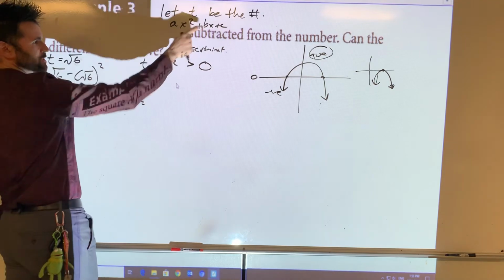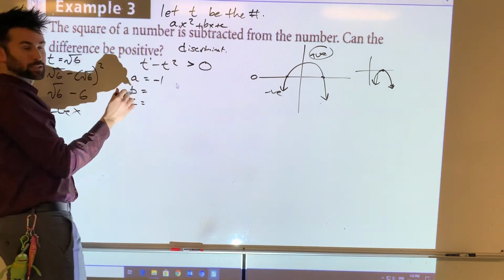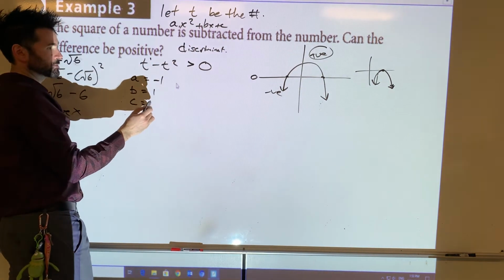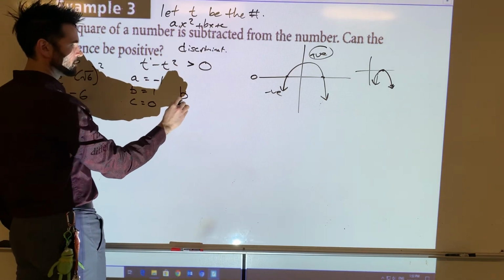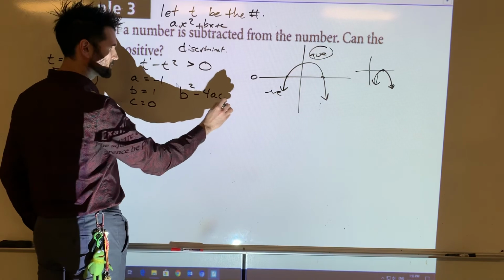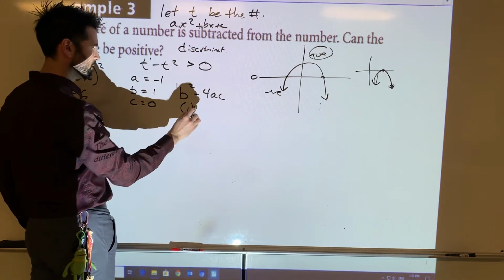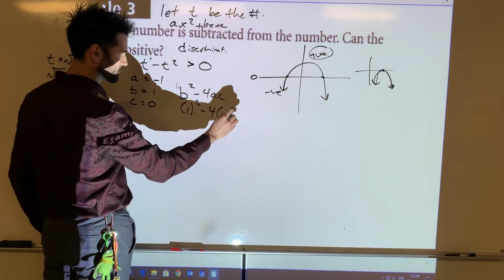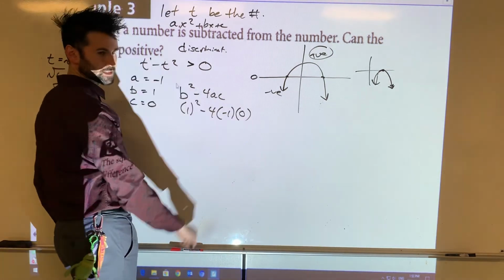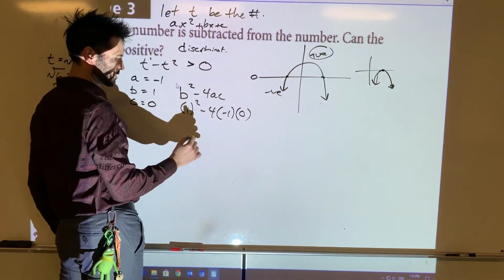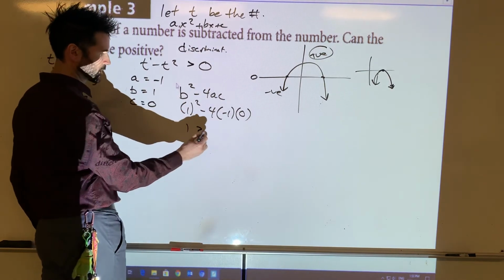That's the x term, the one with power 1. So b is 1, and the c term is 0. Let's find the discriminant: b squared minus 4ac. We plug in 1, a equals -1, and c is 0. So this whole thing disappears because 0 times anything is 0. We just get 1. So 1 is greater than 0.